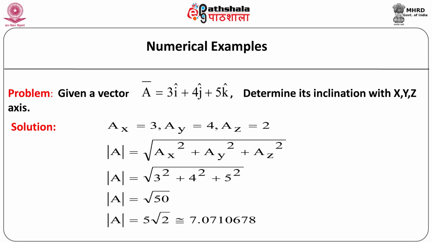At the end, let us get familiar with some computational aspects with the help of a few numerical exercises. Consider problem number 1. Given a vector, determine its inclination with x, y and z axis. Definitely, the problem is pertaining to direction cosines. We need to know the magnitude of the vector and its components.